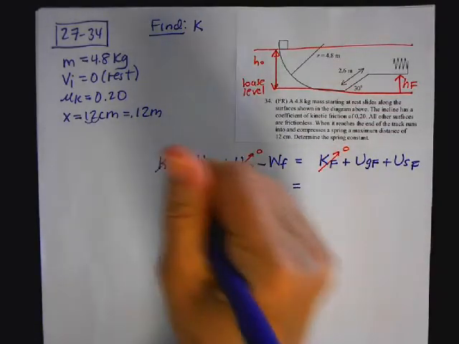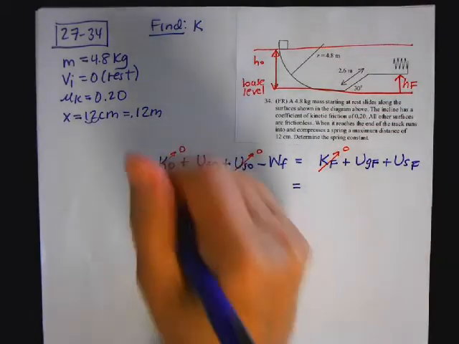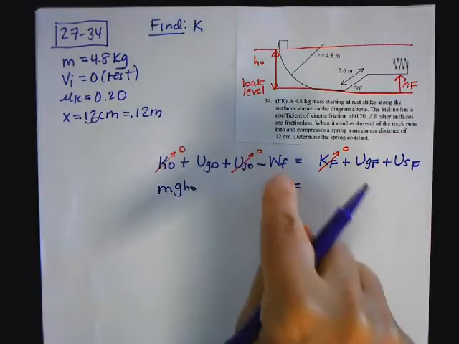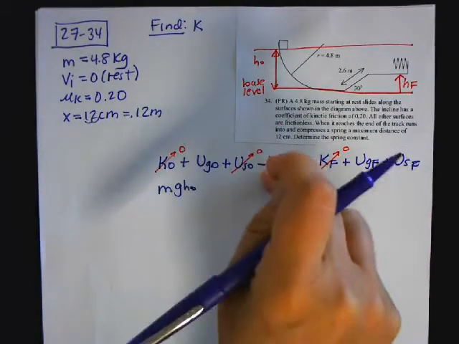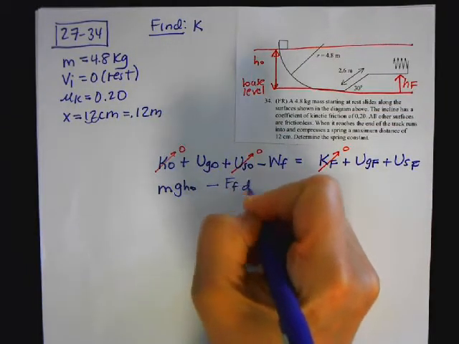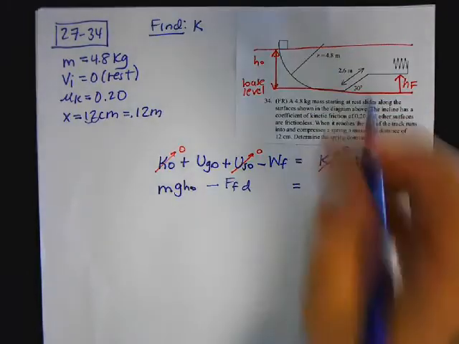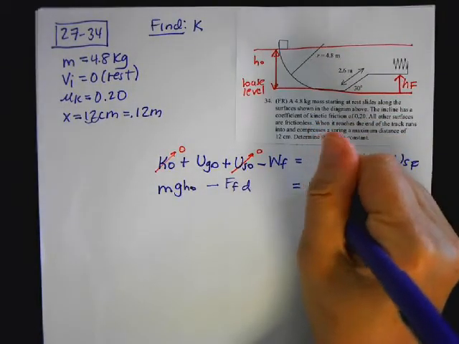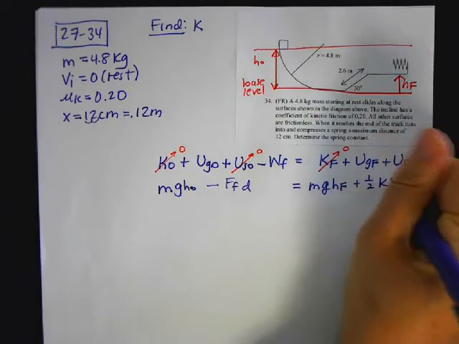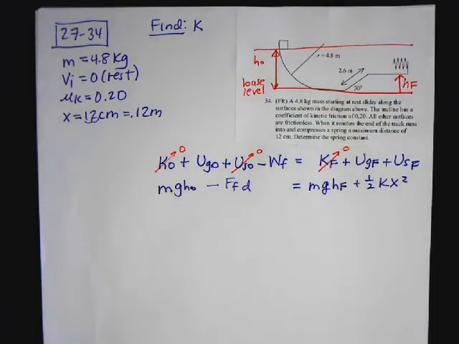My gravitational potential energy at the top is going to be mgh naught. The work done by friction, remember work is equal to Fd, so it's going to be the frictional force times that displacement, and that's equal to mgh_f plus 1/2 kx squared. Now we're solving for k.